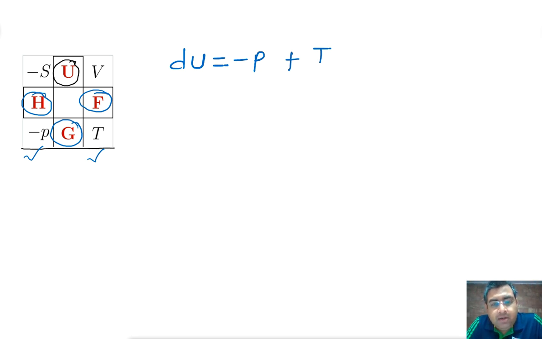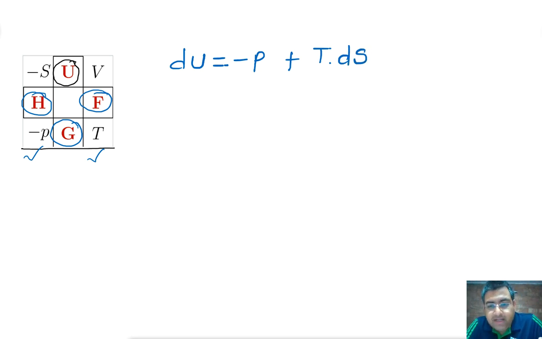Now the opposite element for T is basically S. So what you have to do is take the differential form of S, which means you will be taking dS. So you have to write T into dS.